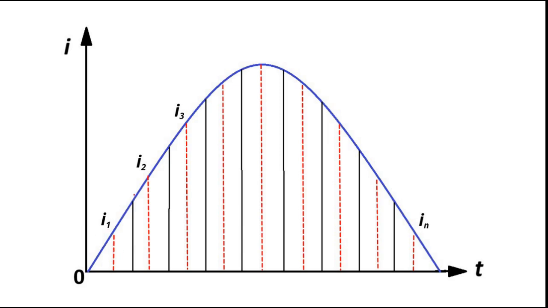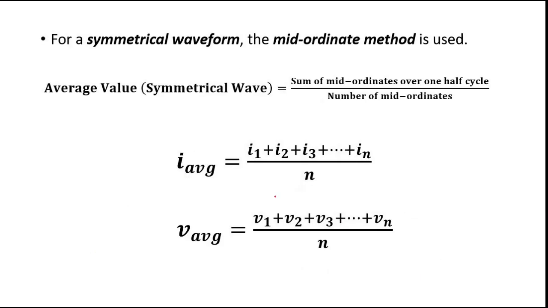They have certain values, and depending upon that we calculate the average value or mean value as the sum of mid ordinates over one half cycle divided by the number of mid ordinates, which is I1 plus I2 plus I3 plus In by n for average value of current, and V1 plus V2 plus V3 plus Vn by n for average value of voltage. So this is what we know so far about mean or average value.